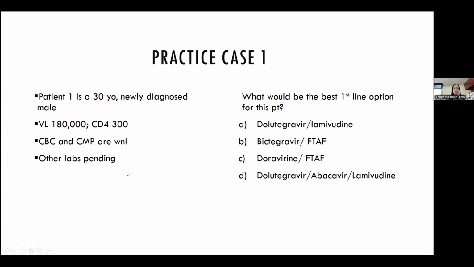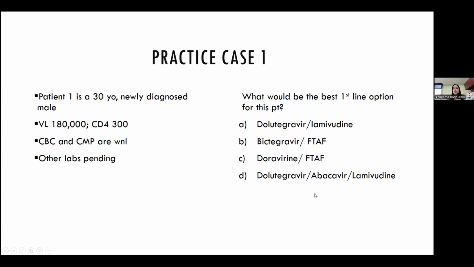What would be the best first line option for this patient? This is a brand new patient, treatment naive. Let's walk through the options. Remember I told you the 3 bases we use first line are dolutegravir, bictegravir, or darunavir.